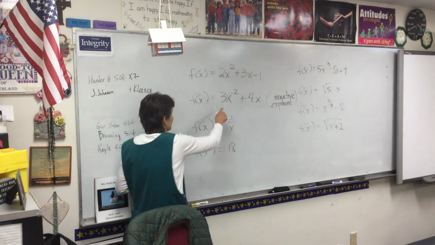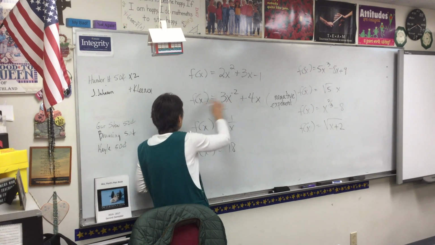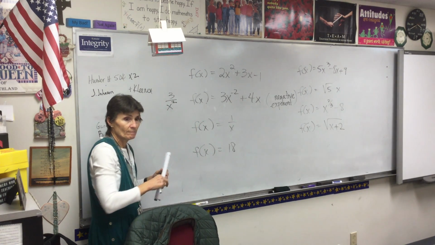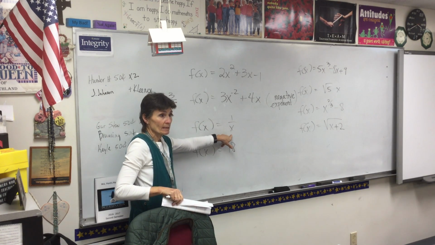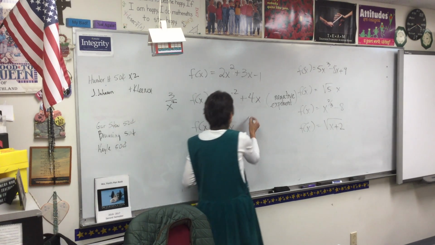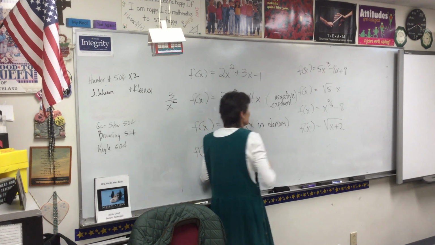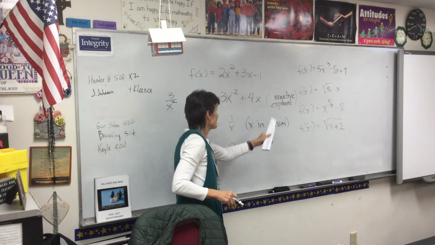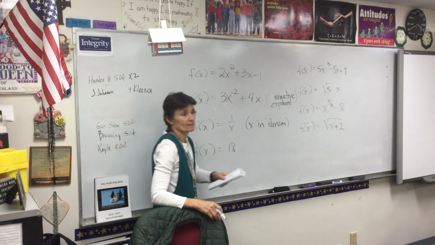So if I were going to redo this, it would be 3 over x squared, because the x squared has to go to the denominator. That's what happened to this one, right? It has an x in the denominator. It is not a polynomial because you cannot have an x in the denominator. Negative exponents give you x's in the denominator. Those are not legal, either one of those things.